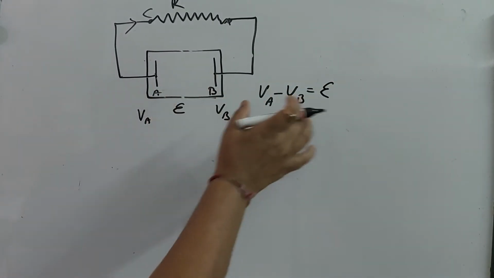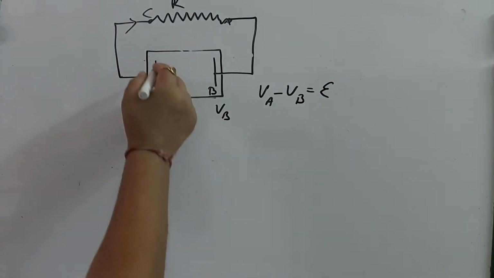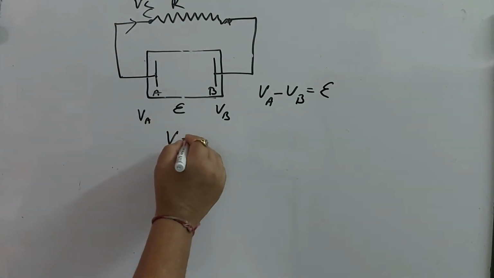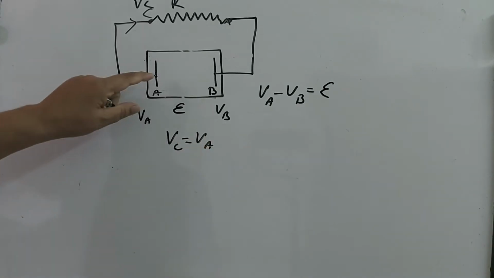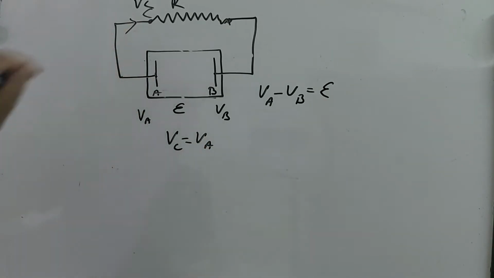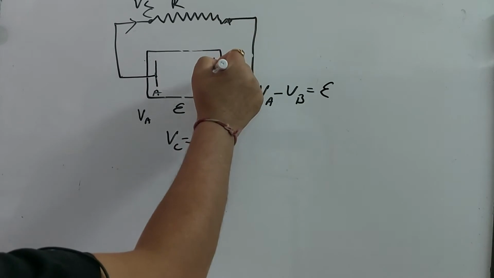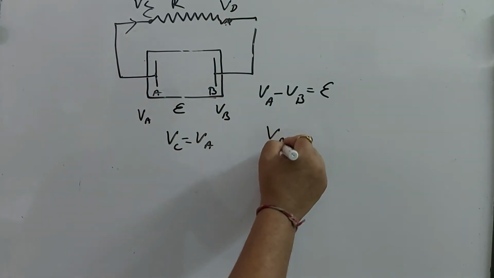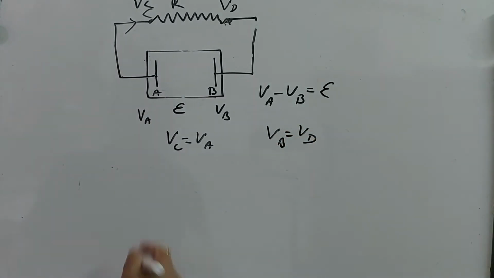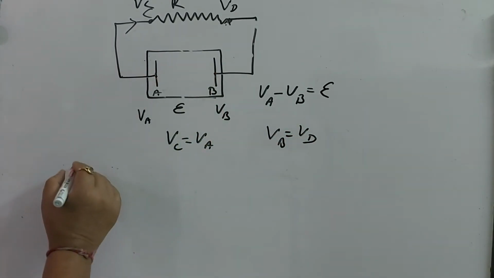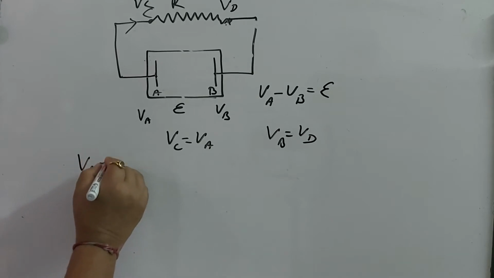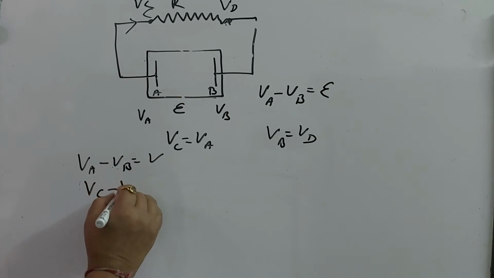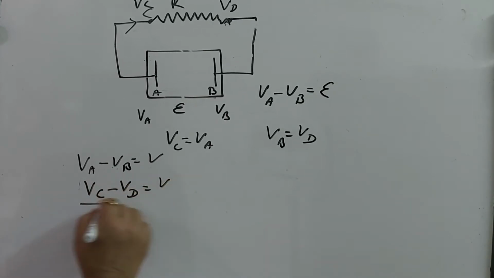The potential of this point is VC, so VC will be equal to VA, because there is no potential loss in this wire, and similarly the potential of this point and this point is also the same. This is VD, and VB is equal to VD. It means if the potential difference VA minus VB is equal to V, then VC minus VD is also equal to V.